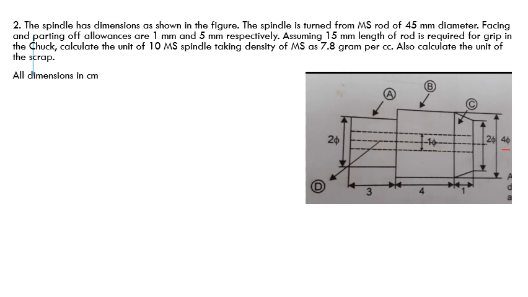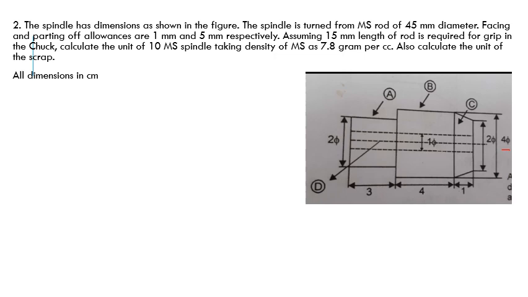If I subtract the volume of the part from the volume of the raw material, I can get the volume of the scrap. If I can get the volume of the scrap, calculating the unit is very simple. I can use the formula density into volume. So this is the basic procedure of how I can proceed ahead.